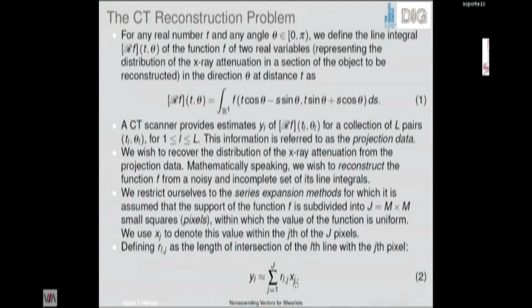The xj is the unknown value to be assigned to the jth pixel, and this linear combination of the unknown xj should be approximately the measurement I have taken for that line. So what we have is a system of approximate linear equations, which in principle is kind of trivial to solve. In practice, it can be very difficult because the number of equations can be in the tens of millions.